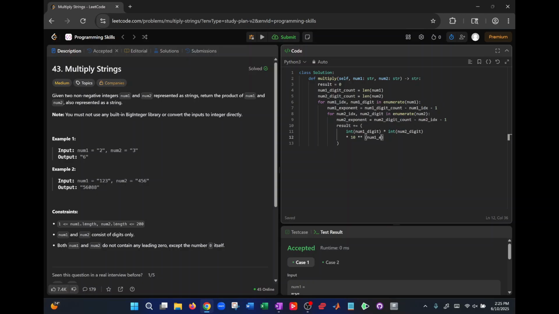So it would be num1 exponent plus num2 exponent. Right? And then at the end of that, we need to return the result. But here the result is an integer, and the result needs to be represented as a string. And so we will convert it to a string and return it.